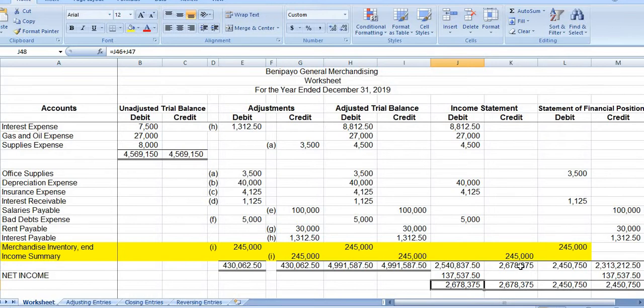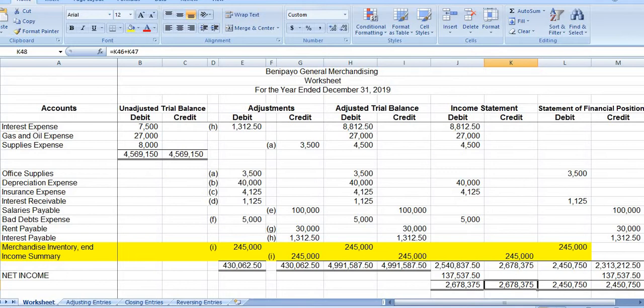On the credit column, 2,678,375 plus 0 equals 2,678,375. Notice, these two figures now must be equal. Because these are total figures, you have to double rule.